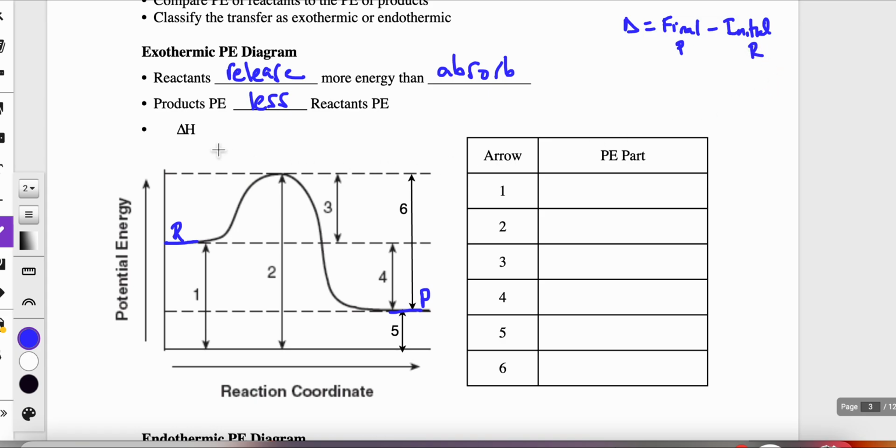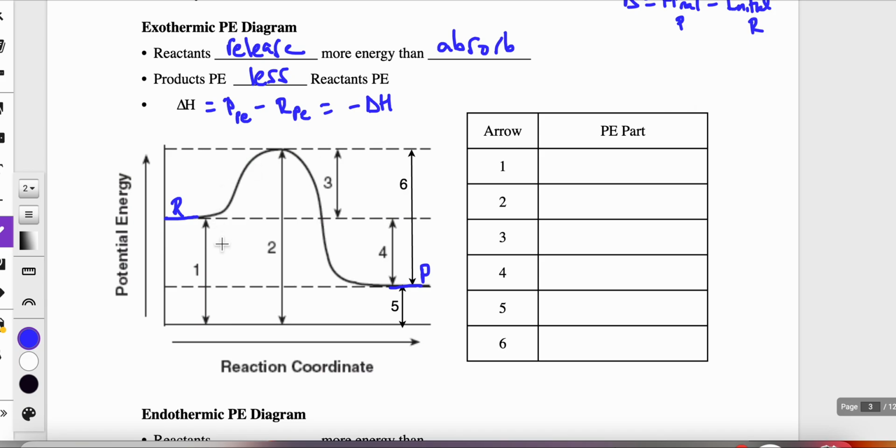Reactants are what we start with. So the delta H value is the product's potential energy minus the reactant's potential energy value. And in an exothermic process, if you put this in your calculator, the delta H value will be negative.